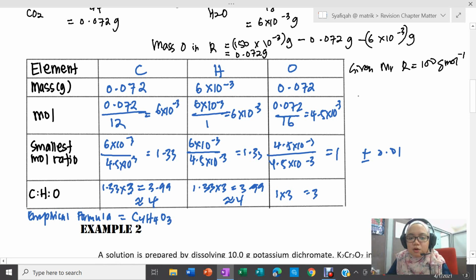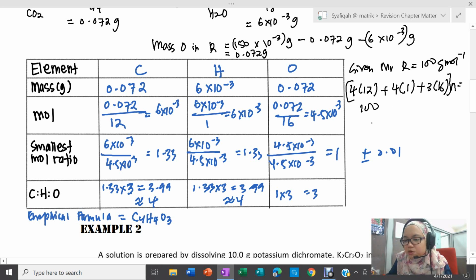Okay, so awak tahu carbon ada 4 kan, betul tak? So, carbon punya molar mass is 12, betul? And then, hydrogen ada 4 juga, molar mass hydrogen 1. Oksigen ada 3, molar mass dia 16. Okay, and then you jadikan yang ni N kali dengan N equals to 100. So, you will get N is equals to 1.